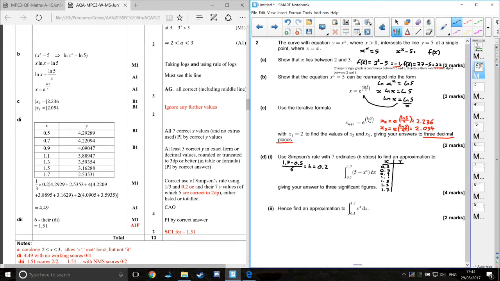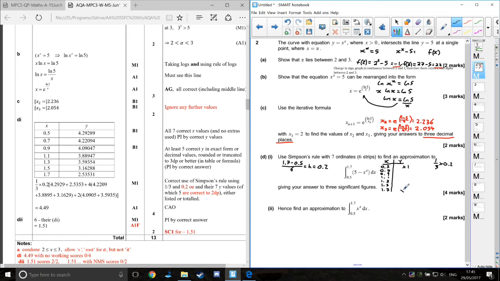So, we're using these as we go along, but we're going to have a third of h from the formula, a third multiplied by 0.2. That's going to be at the front of everything. And we're going to have this value here multiplied by 1.